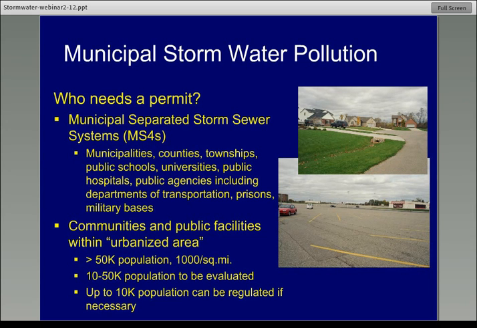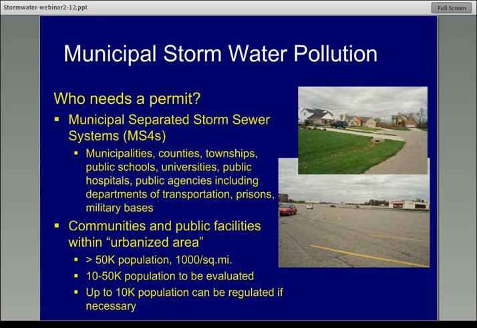I'll put a note out here. I think this is an important note in both municipal and construction programs. It's important to find out how your state is treating your departments of transportation. Sometimes they have their own MS4 permit, and increasingly that's the case.